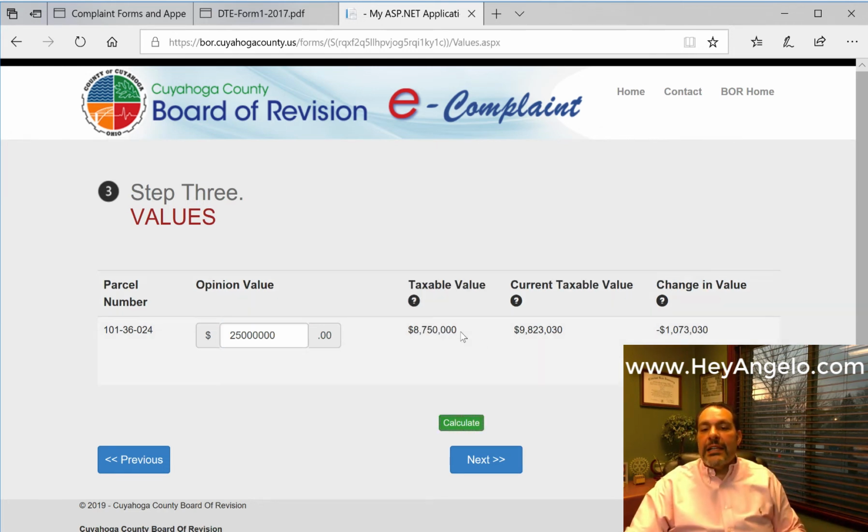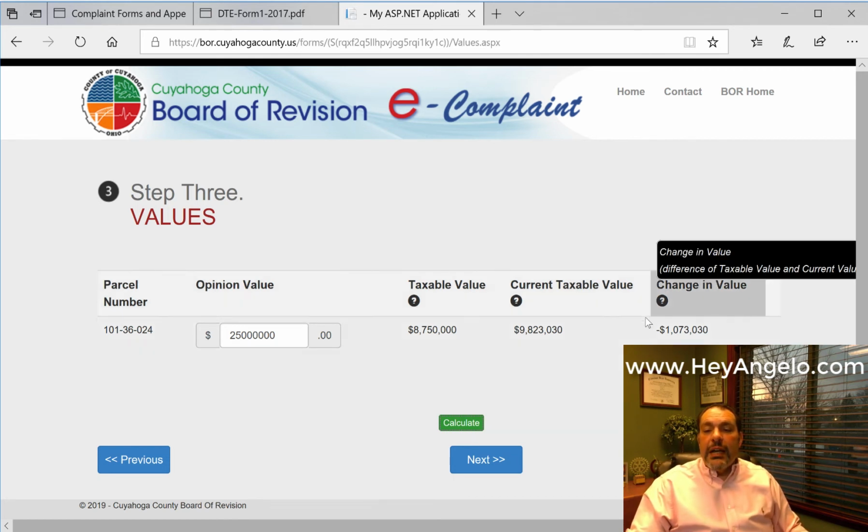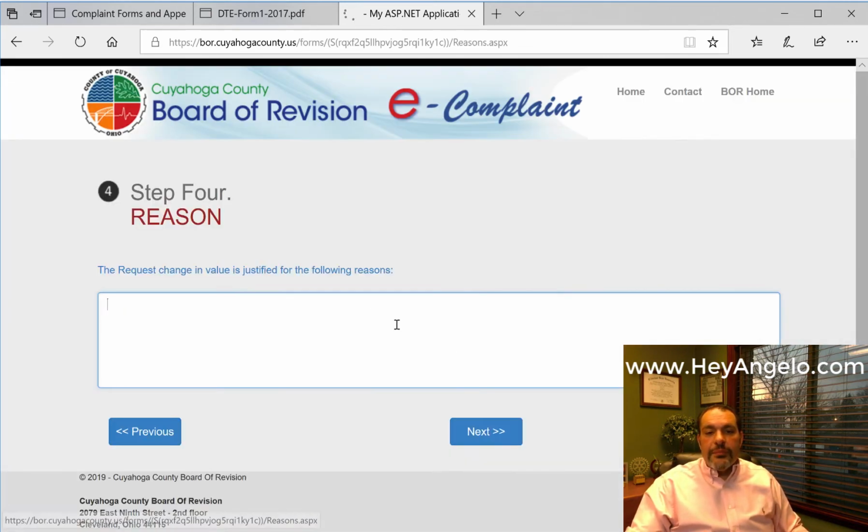It's going to calculate what the taxable value is, and it shows a reduction. If the reduction is greater than 50,000, and they may have changed this, and your county might be different, but generally speaking, if it's over 50,000, they will notify the school board, as the school board in your city is usually the recipient of the greatest piece of your property taxes.